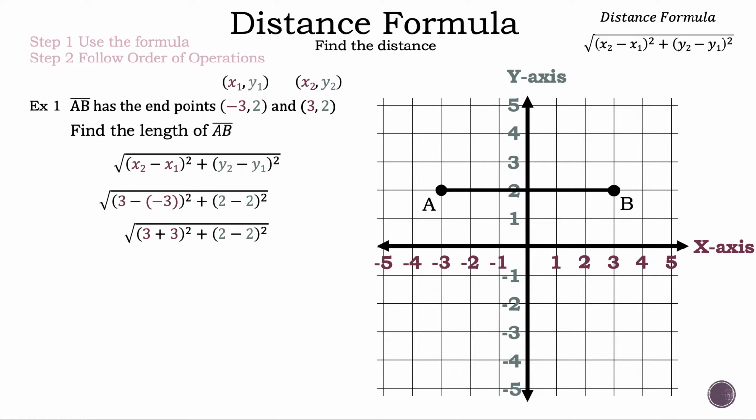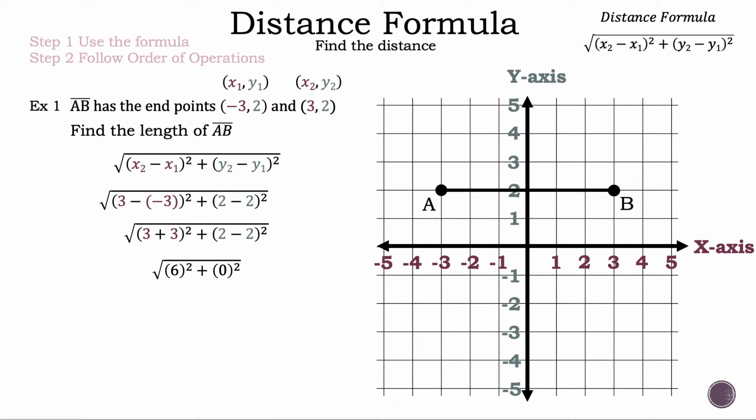Now we have 3 plus 3 in the first parentheses and 2 minus 2 in the second parentheses. 3 plus 3 gives us 6, and 2 minus 2 gives us 0. So now we have the square root of 6 squared plus 0 squared.